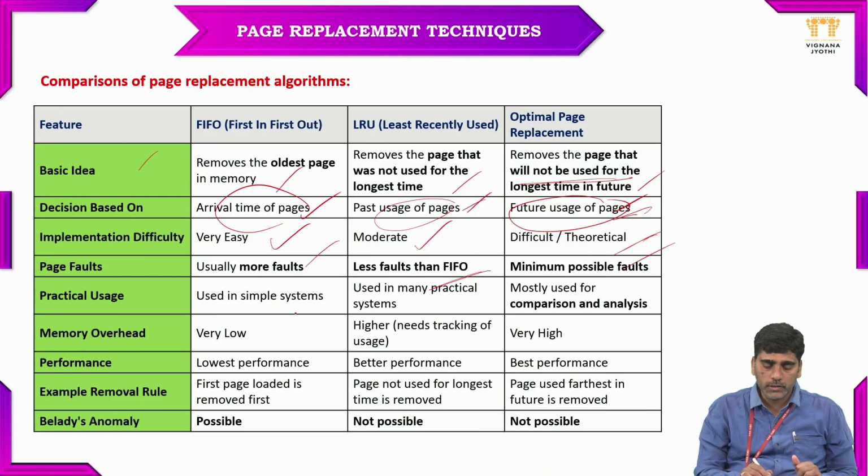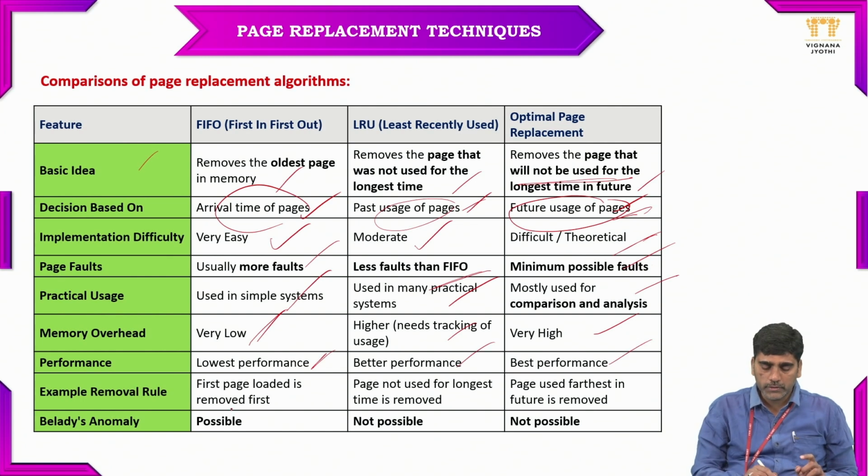For practical usage, first in first out is used in simple terms, LRU is used in many practical systems, and optimal is mostly used for comparisons and analysis. For memory overhead, first in first out has very low overhead, LRU needs to track usage so it is higher, and optimal is very high. Performance-wise, first in first out gives the lowest performance, LRU gives better performance, and optimal gives the best performance.